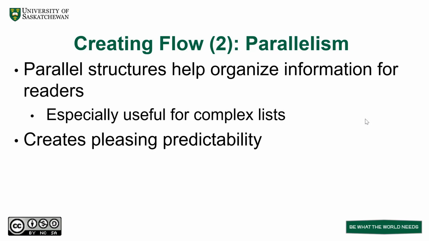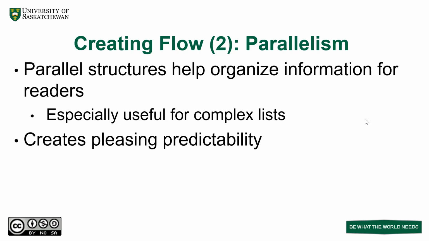Now, another thing that we want to be mindful of is the role of parallelism and parallel structures in our writing. This can help with flow because it's all about organizing information for readers. I think it's really important to have an awareness of parallelism, especially if you find yourself writing complex lists in your prose.